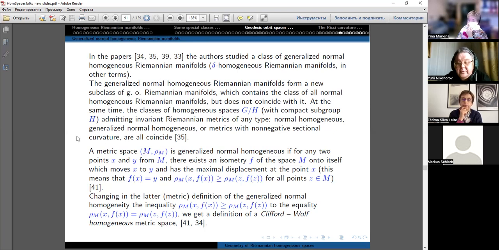It's of course what we need. It's a Clifford-Wolf translation. Therefore, Euclidean space is Clifford-Wolf homogeneous. But we also can say that round odd-dimensional spheres are also Clifford-Wolf homogeneous. It's not so easy, but it's very well known from the results of Clifford himself.